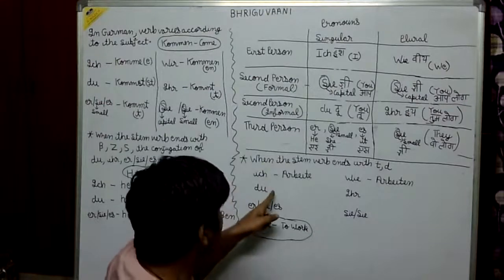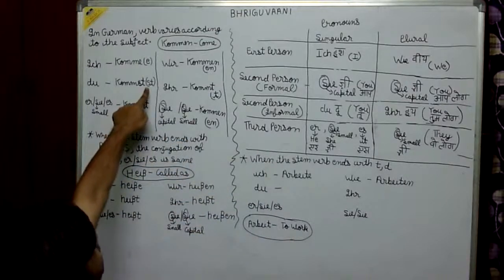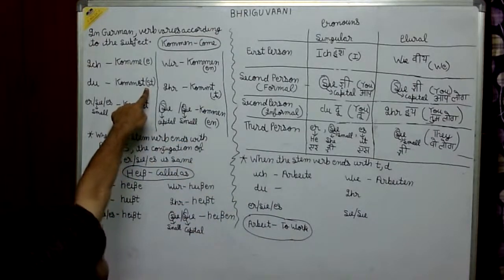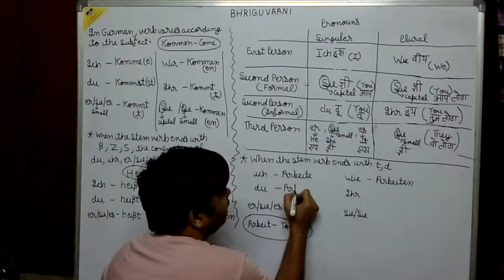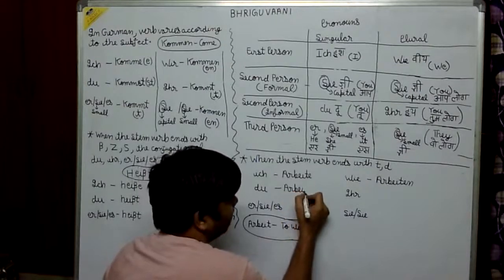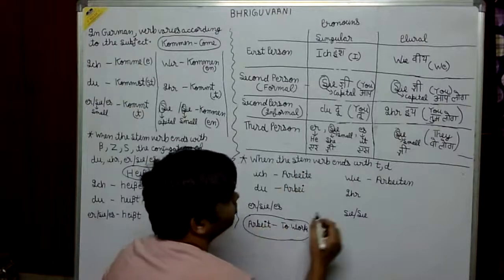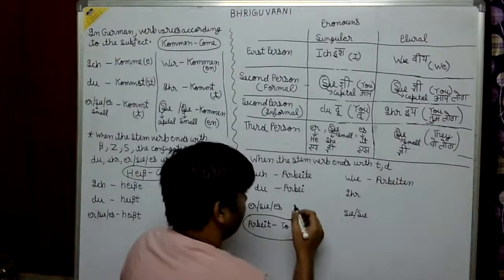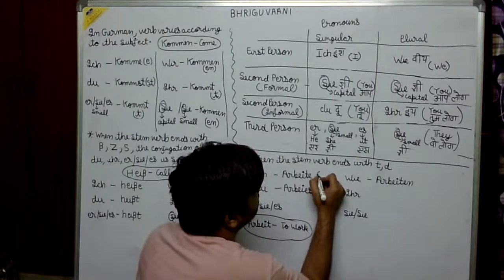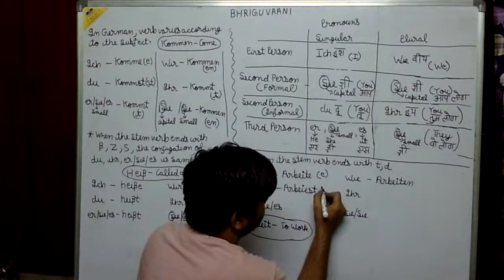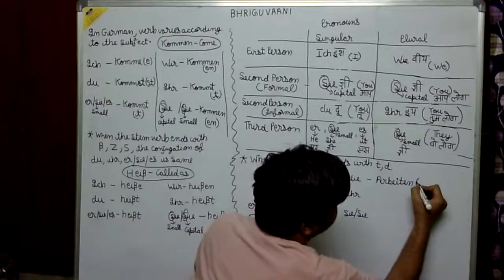In case of du, we were using ST. Here we were using ST. But now we will use EST. Arbeitest. Here it's E. Here it's EST. Here it's EN.